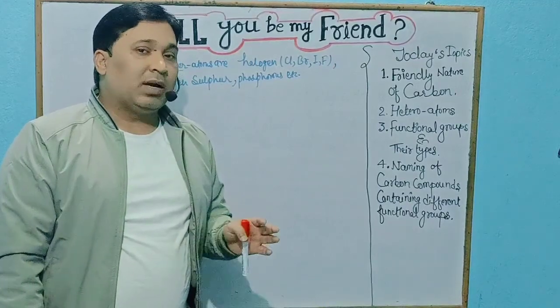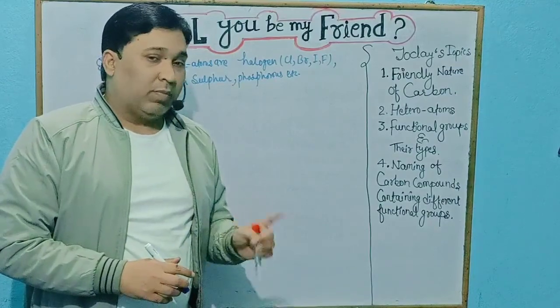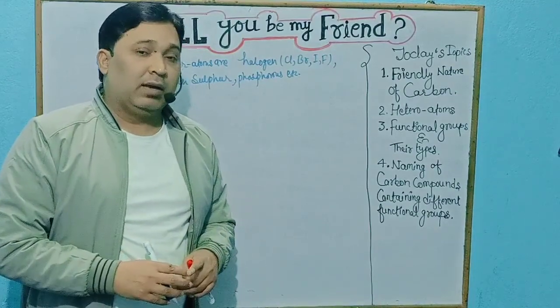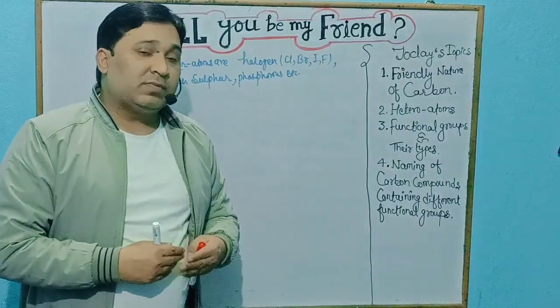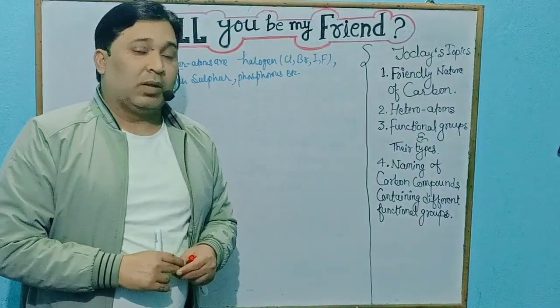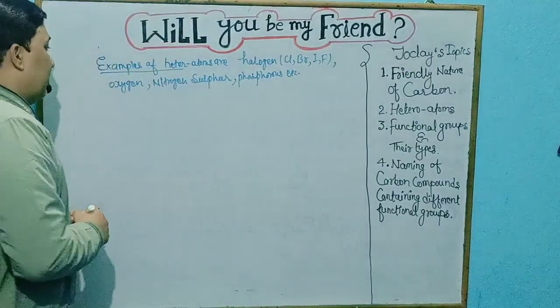And it doesn't matter what kind of carbon chain it is, whether it is a straight, branched or cyclic carbon chain. These atoms add a specific characteristic property to the carbon compound to which they are attached. Now we will define functional group.